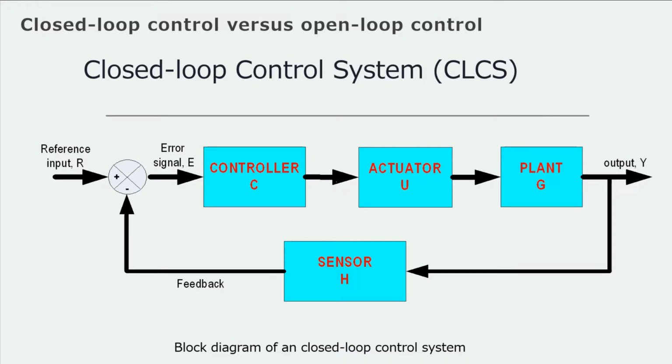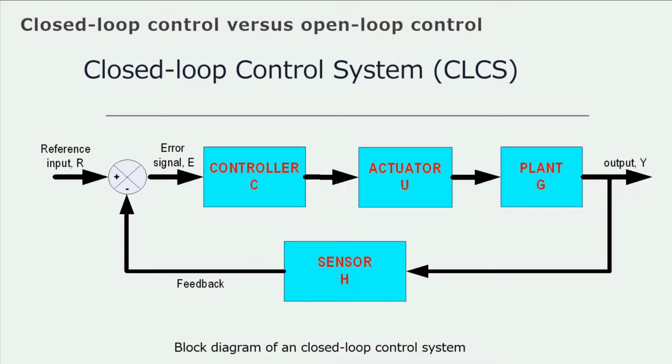So CLCS has feedback, usually using sensors or transducers. The plant gives the output that is measured by the sensors. The sensors give feedback to the input reference. Then we calculate by deducting the feedback from the reference, and we get the error.